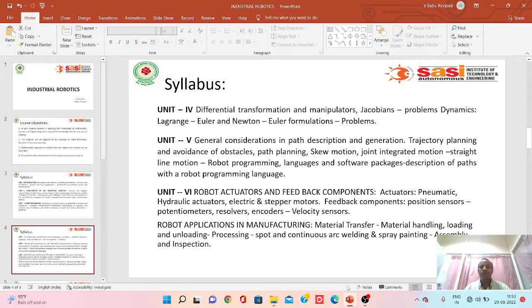If the robot is used for the application of spray painting, how it looks like, and what is the function line representation that will be there. If the robot is utilized for the application of assembly and inspection, how the robot is. Those we'll study in the sixth unit.